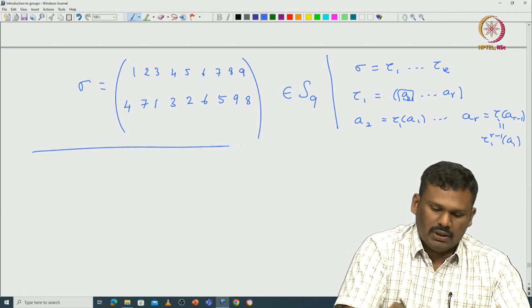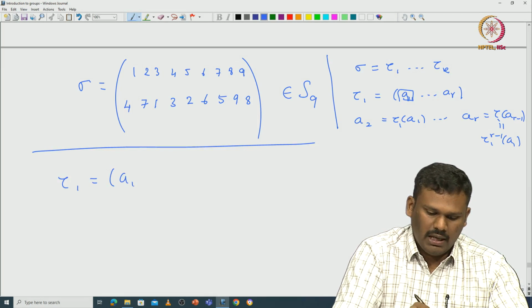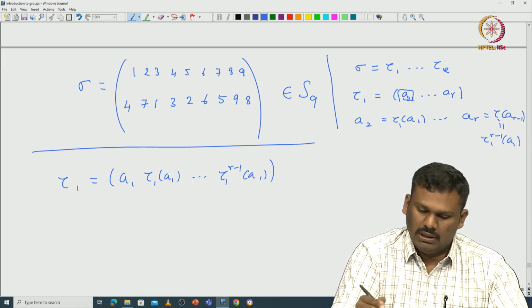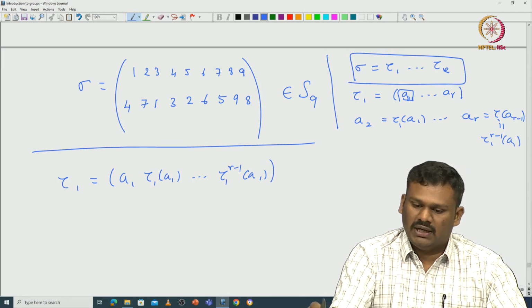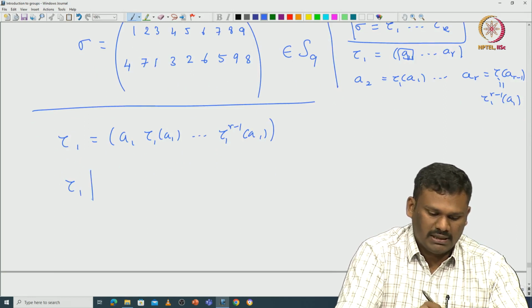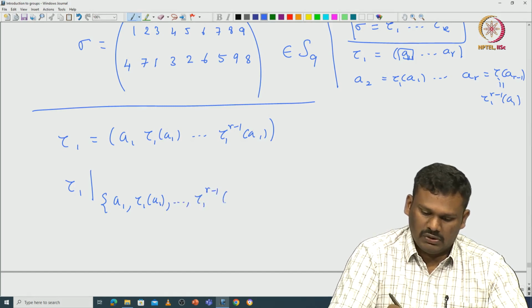But if you think about it, this tau 1 is nothing but (a1, tau 1 a1, ..., tau 1 to the power r minus 1 a1).